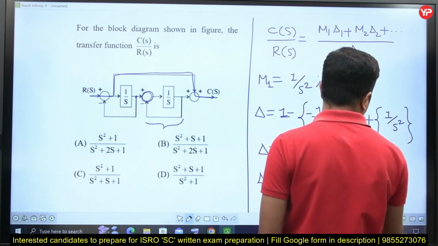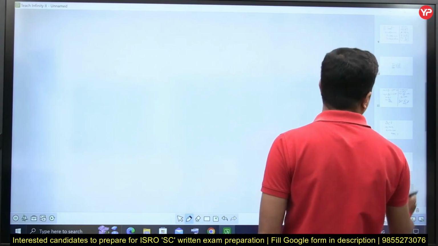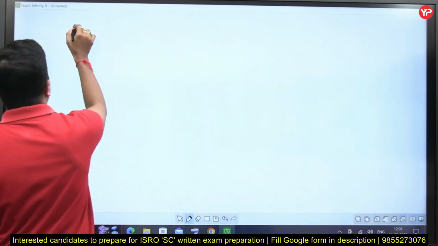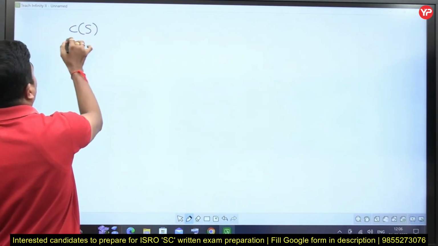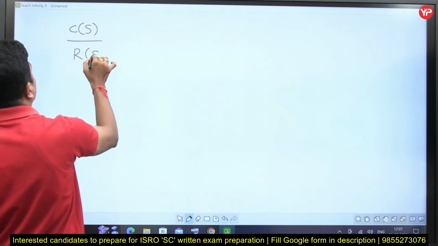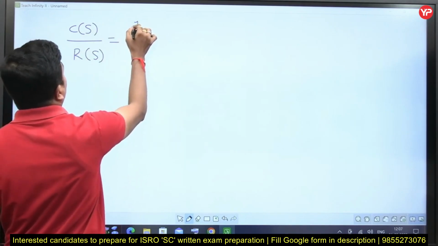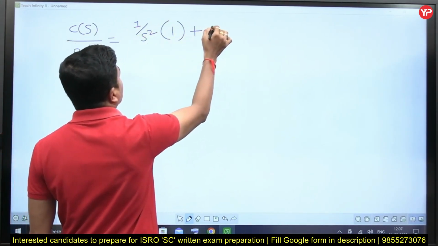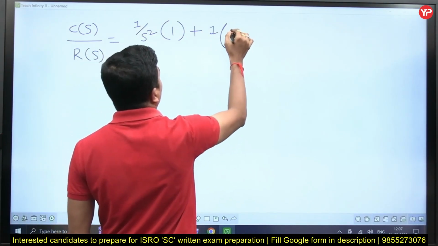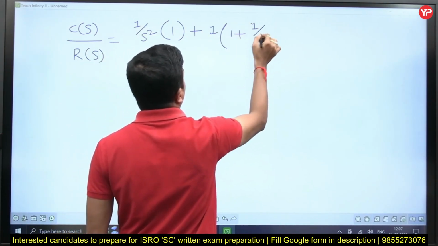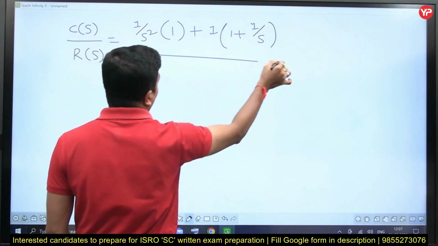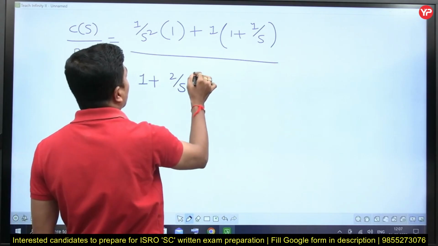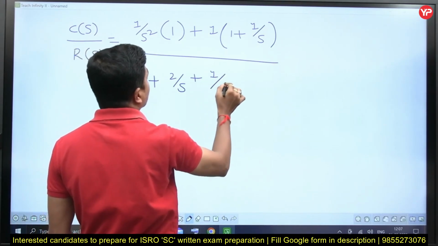Let me write this formula and substitution very clearly. C of s by R of s is equal to M1, which is 1 by s square, times delta 1, which is 1, plus M2, which is 1, times 1 plus 1 by s, divided by 1 plus 2 by s plus 1 by s square.